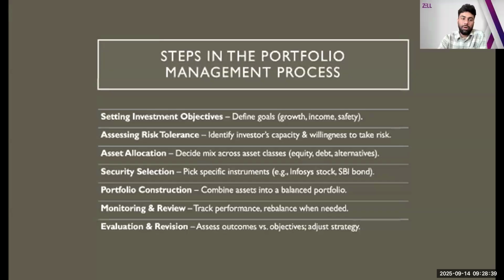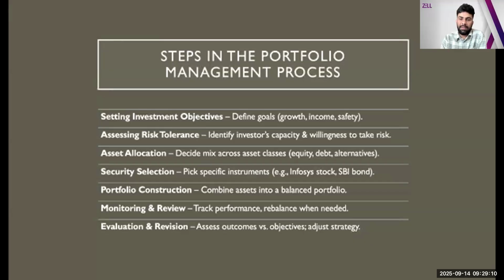Now, step 4 is security selection. After deciding on the asset classes, it is time for us to select the actual securities. Instead of just saying investment in equity, I have to decide what type of equity I am going to invest in.